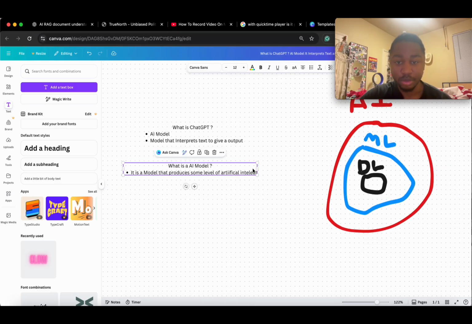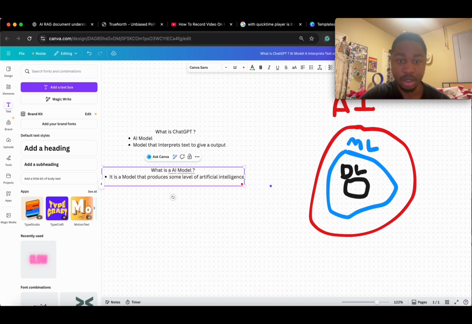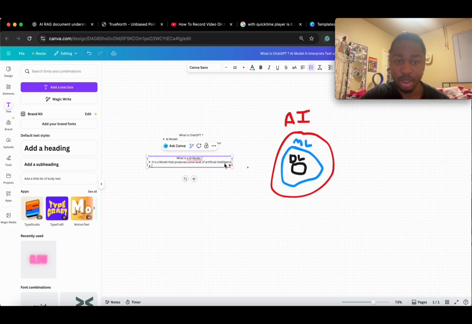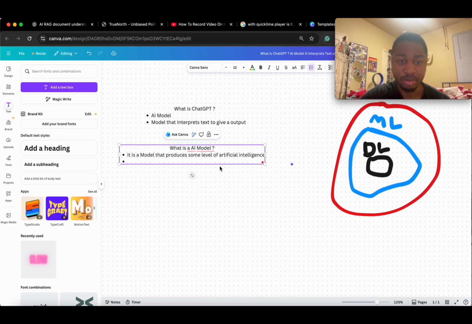And so, what could this mean, right? I guess we could go into deeper examples. If-else conditions, that could be an AI model, right?